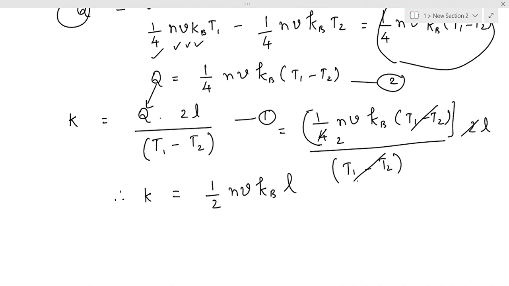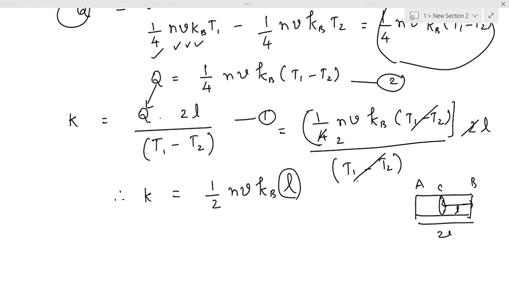So L is the length of the rod. This is A, this is B, and 2L is the length of the rod. L is the length from the center to both the ends. The center C of the metal rod is equidistant from both the ends, A and B, the hot end and the cold end. So L is the distance travelled by the free electrons to give energy.